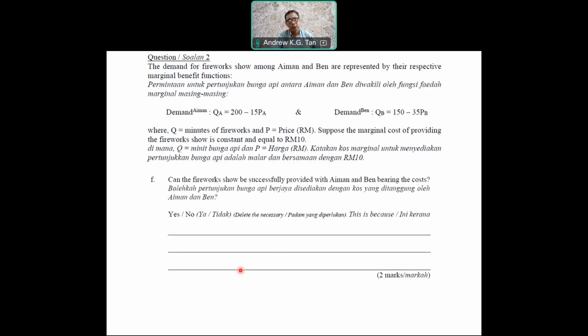F. Can the fireworks show be successfully provided with Aiman and Ben bearing the costs? Bolehkah pertunjukan bunga api berjaya disediakan dengan kos yang ditanggung oleh Aiman dan Ben? If Aiman sudi bayar 8 ringgit, Ben sudi bayar 2 ringgit, maka ya.